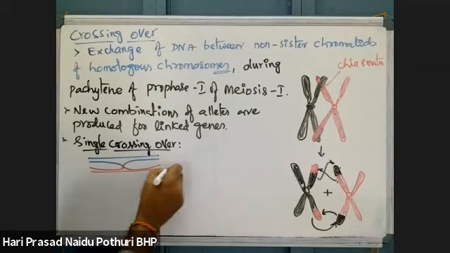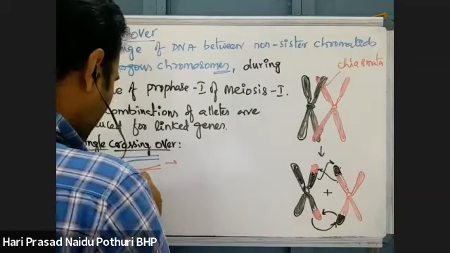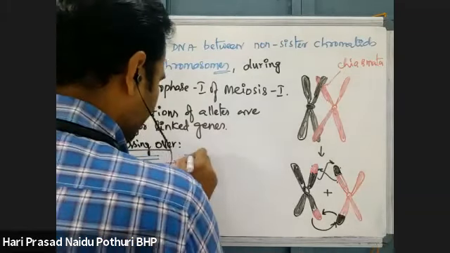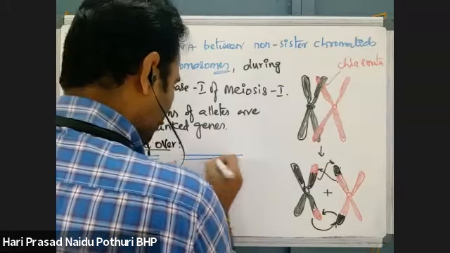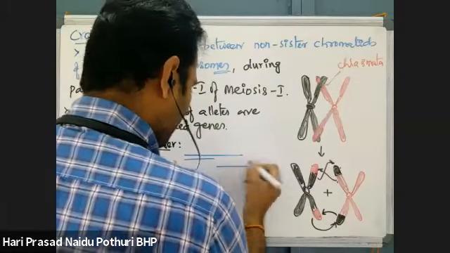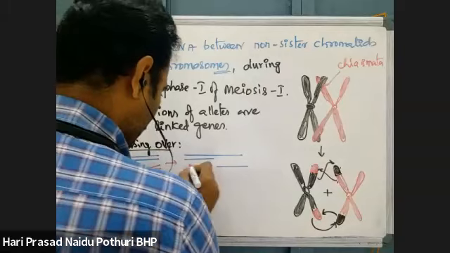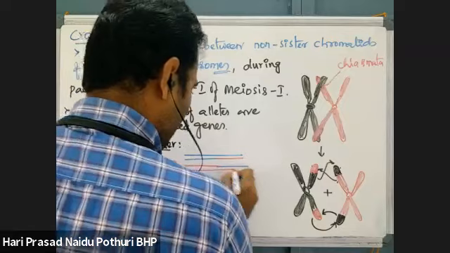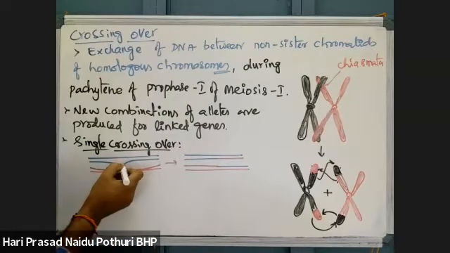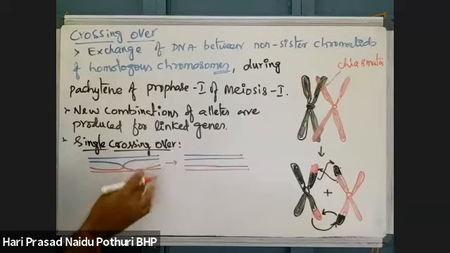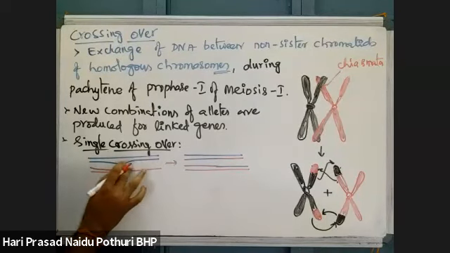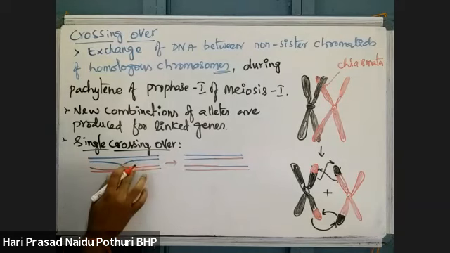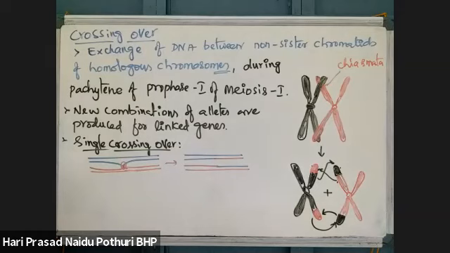Here a chiasma is forming. See here what happened? The DNA is exchanged in this part. This came here and this came here, between non-sister chromatids. If only one recombination nodule is formed here, that is single crossing over.